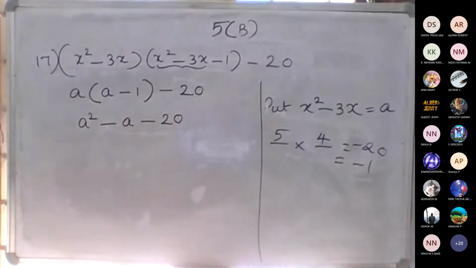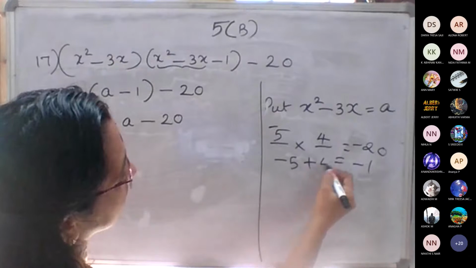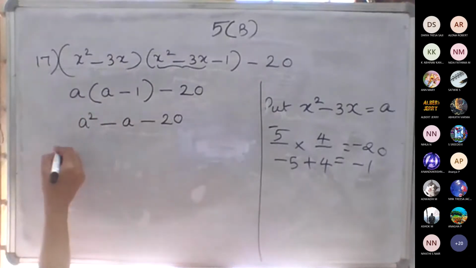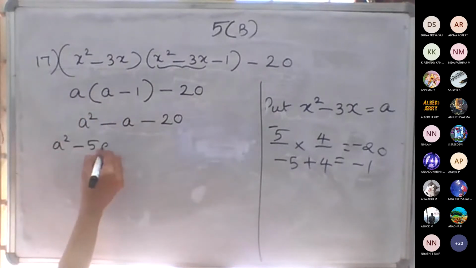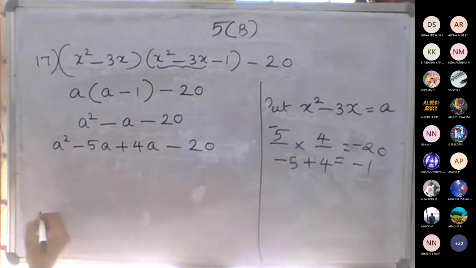So negative 20 we need. Which one will be negative, 5 or 4? 5. 5 plus 4 is negative 1. So a square minus 5a plus 4a minus 20.